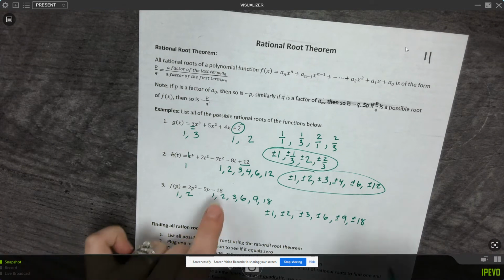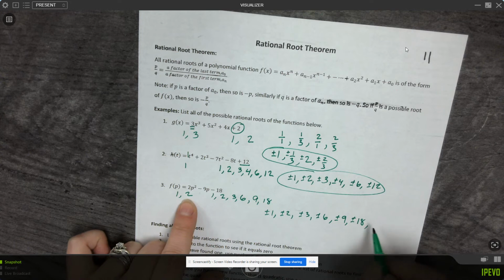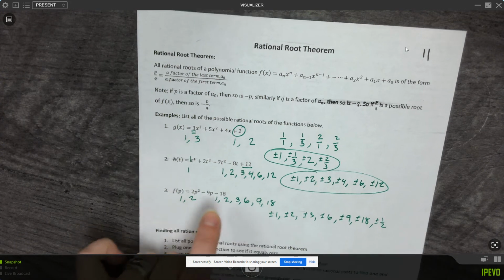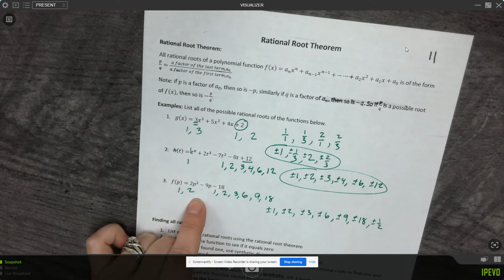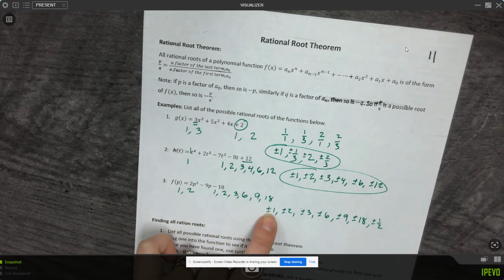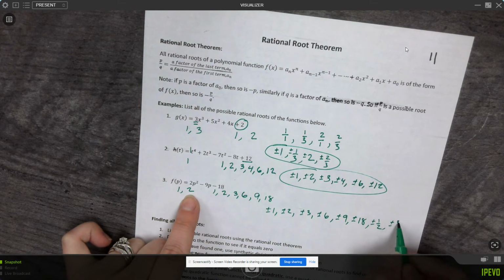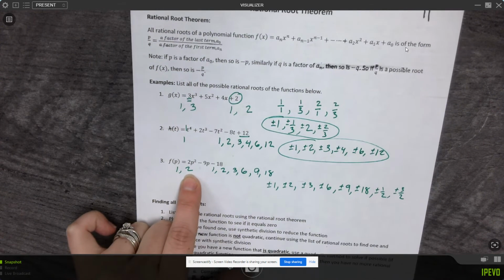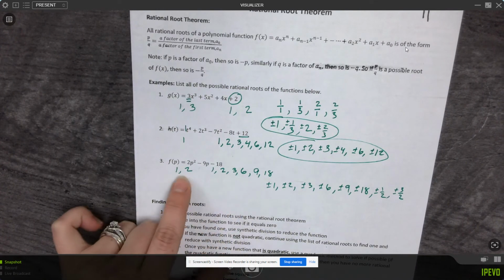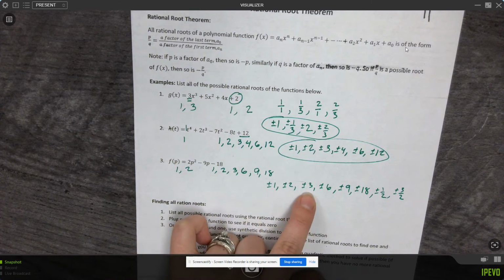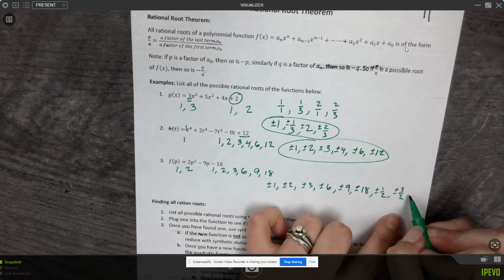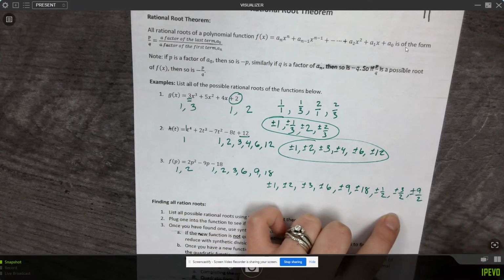But I'm not done because now I have to take all those and divide them by 2. 1 divided by 2 is 1/2. Okay, but 2 divided by 2 is 1, which I've already listed, so I'm not going to list it again. 3 divided by 2 is plus or minus 3 over 2. 6 divided by 2 is 3, and I'm not going to list it again. 9 divided by 2 would give you plus or minus 9 over 2.